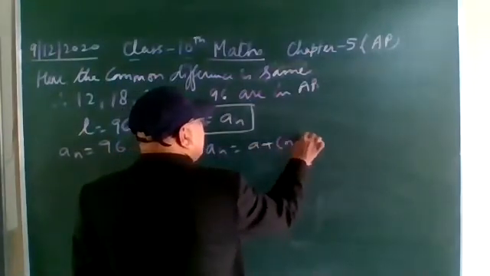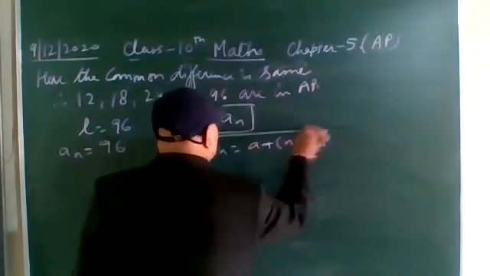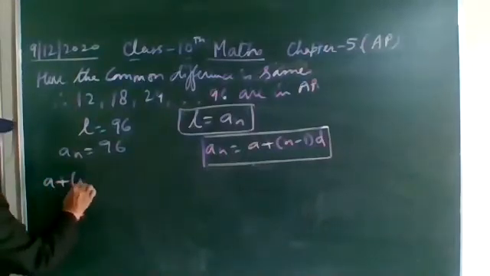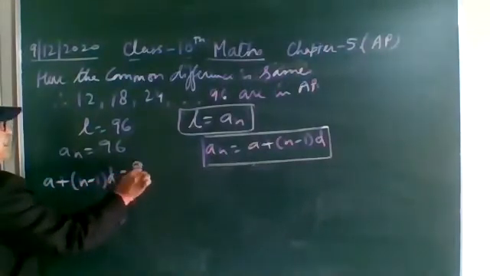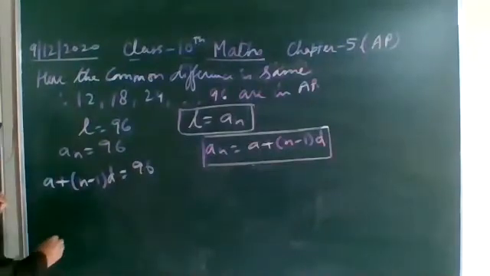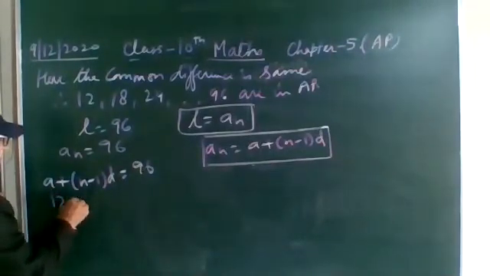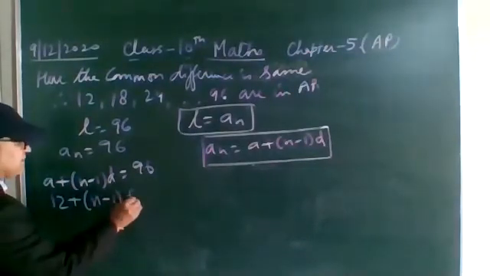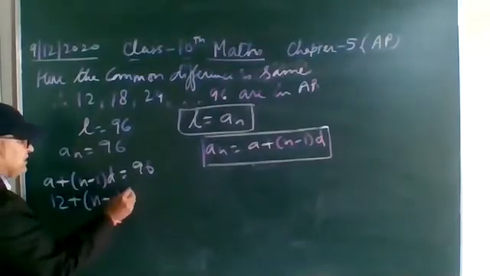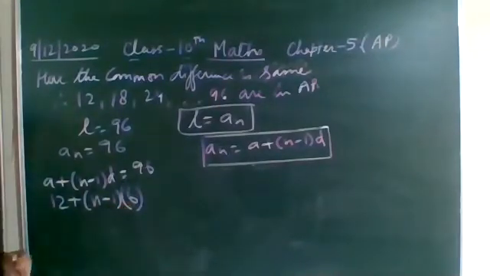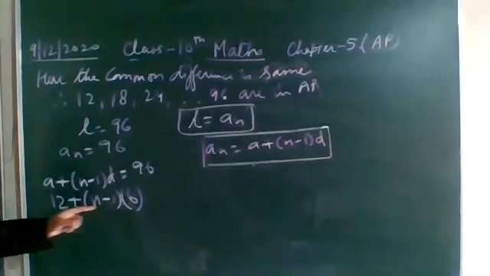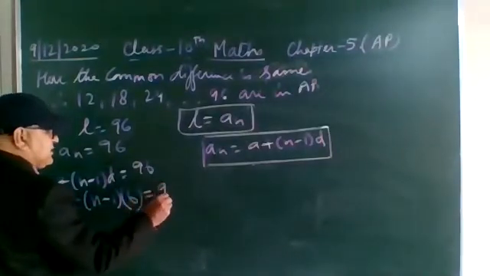A plus n minus 1 into D. So 96 equals A, 12, plus n minus 1, D, that is 6. Maximum students write like this, but in case of a negative they make the mistake. So the best way is to write in brackets and then write 96.